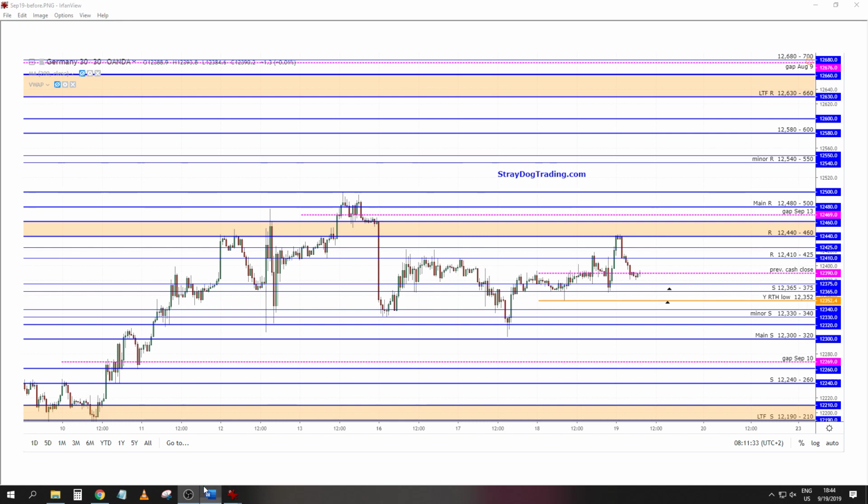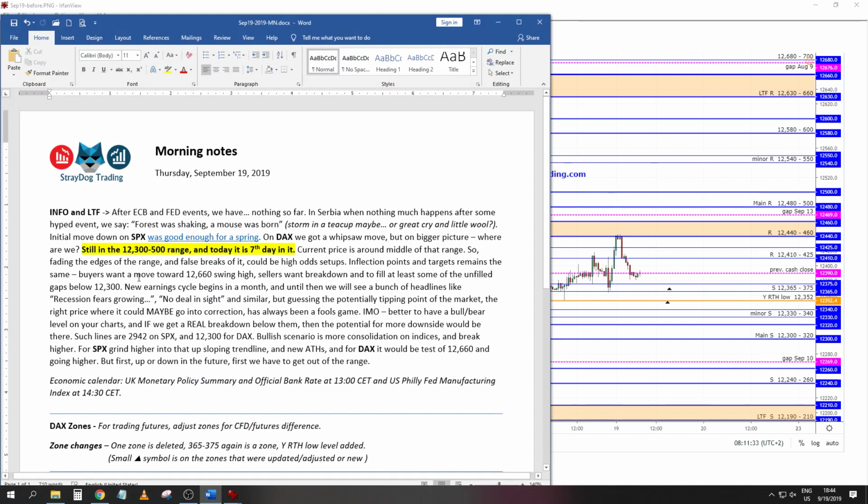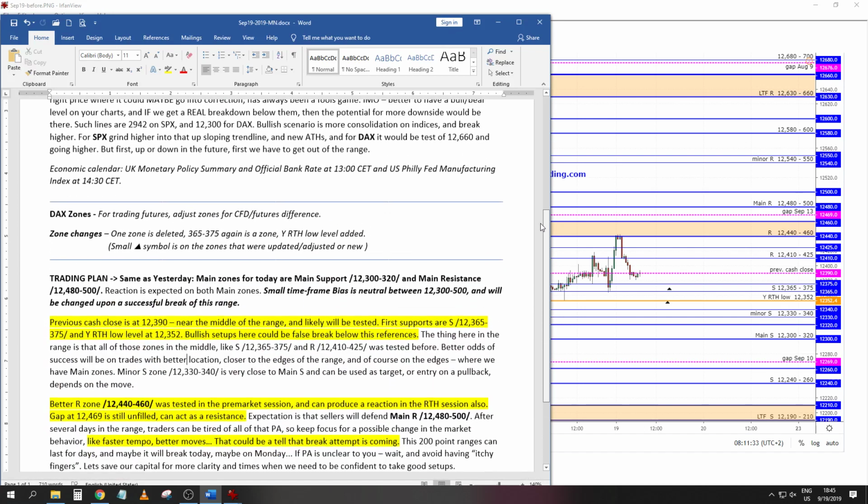I said in the morning notes about this range that we are still in the range from 300 to 500, and today is the 7th day in it, and we didn't leave that range, so that basically means that tomorrow likely we are going to be in that range again, unless market makes a gap up overnight, which I think is a low odds scenario, but never say never, right?